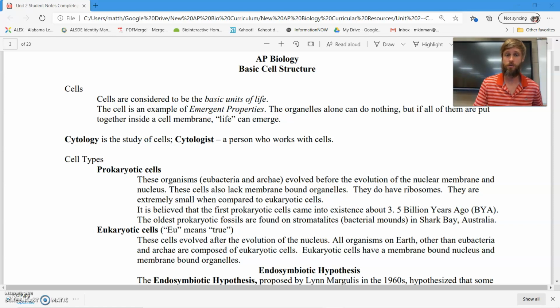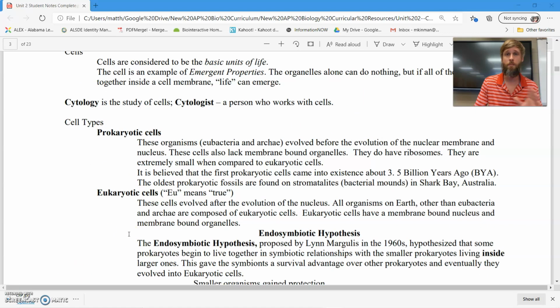So it says in your notes that they have no membrane-bound organelles, like lysosomes, like the nuclear membrane, like the Golgi apparatus, like the endoplasmic reticulum, rough or smooth, mitochondria. All these organelles, prokaryotic cells do not have. In simple terms, they are more simple, less complex than eukaryotic cells.